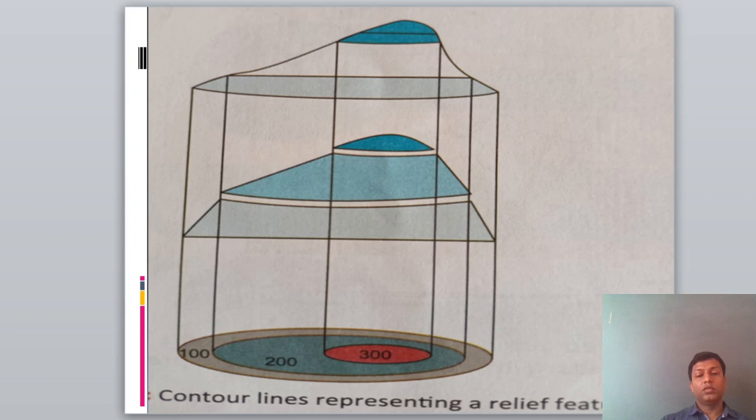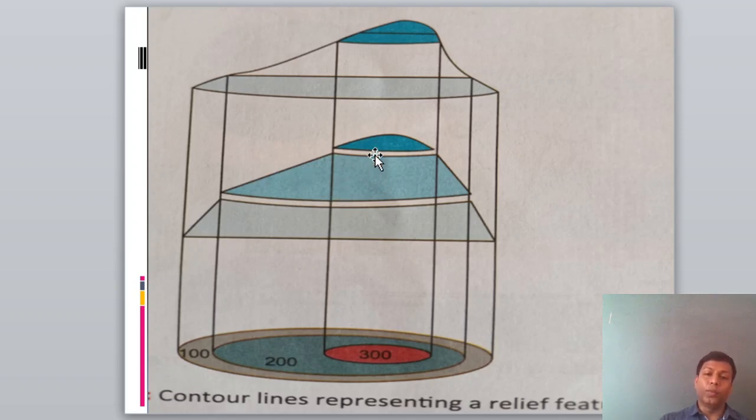Now we are going to see contour lines representing relief features. Look at this picture. The last one here is shown as a plain figure, and the middle section is shown as the plateau part.